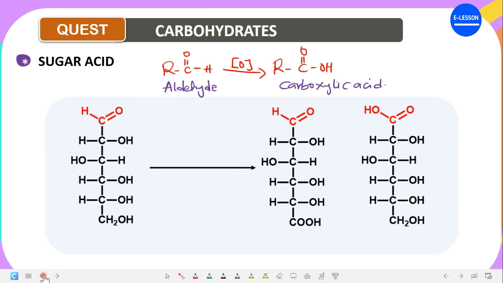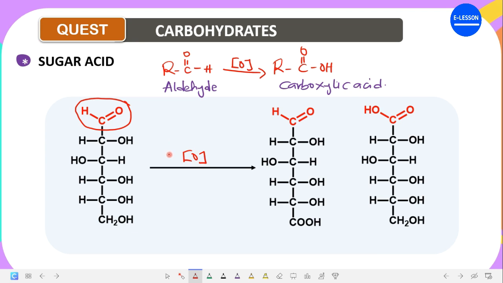So if we come back here, let's look at this. Now you agree with me that this is the aldehyde functional group, true or false? So it means that this can be oxidized using an oxidizing agent. Now, if that is oxidized, what are we expected to form? Now listen.